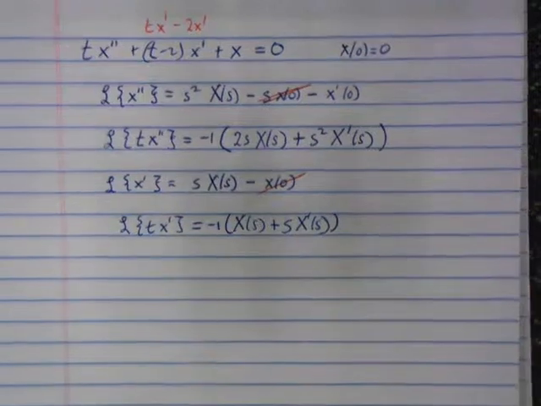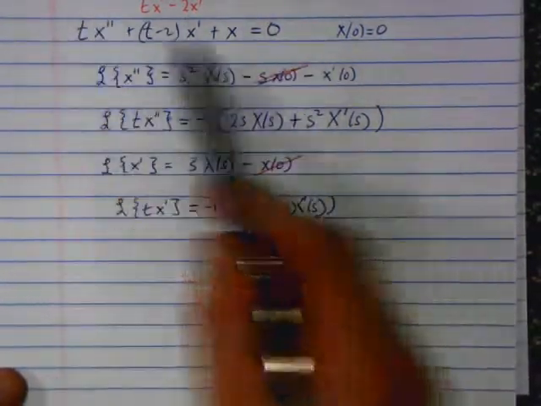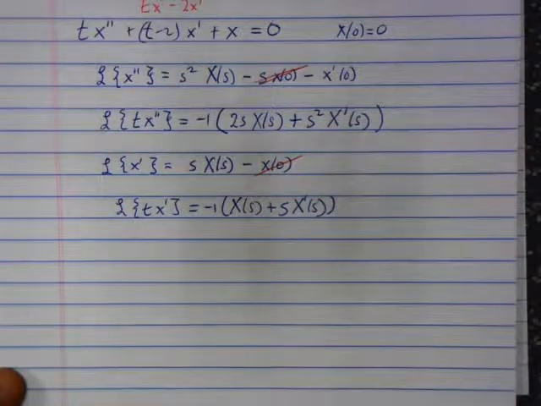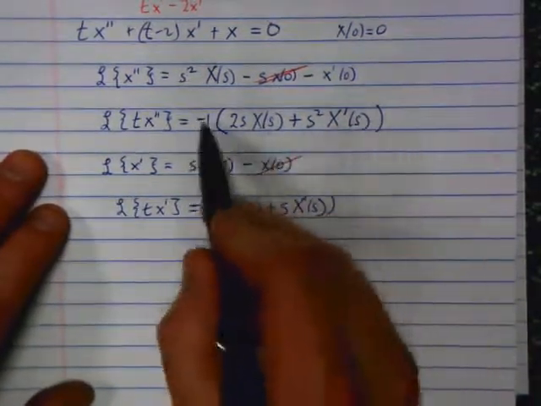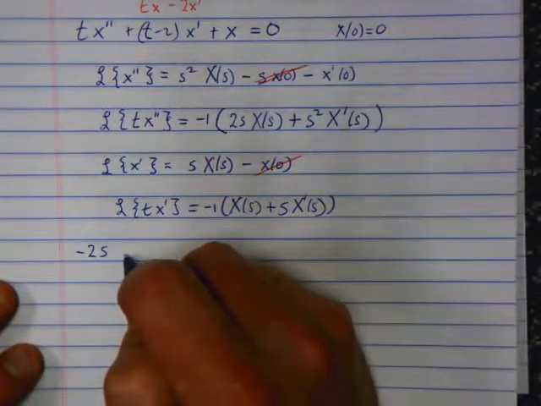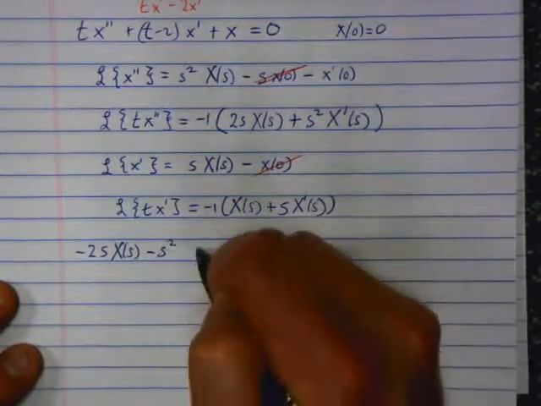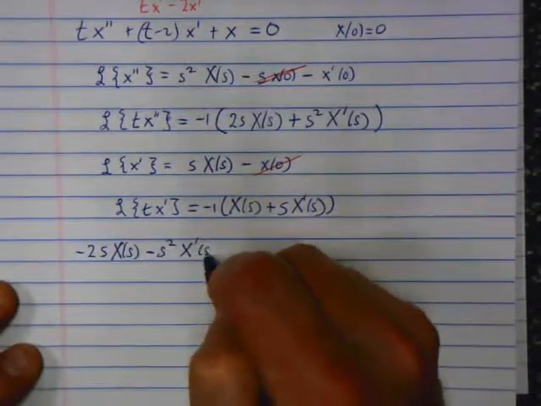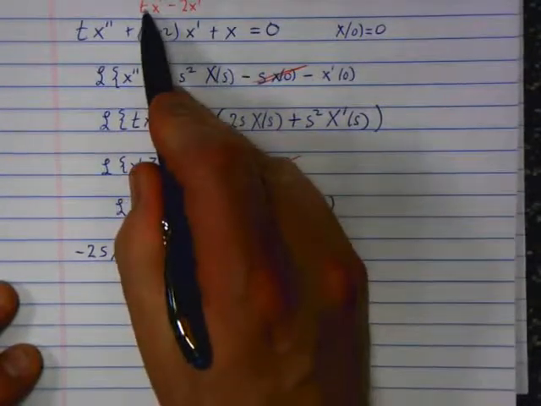Okay, so now I'm ready to take my original equation and transform everything using Laplace transforms. I'm going to take this negative sign and distribute it through. Negative 2s capital X minus s squared capital X prime. And then I have the t times x prime.